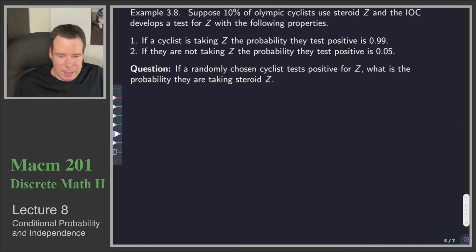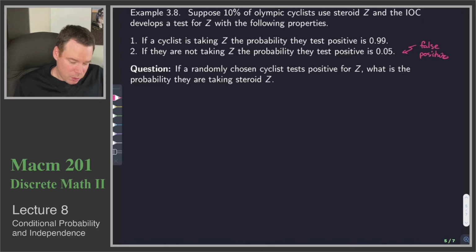If a cyclist is taking Z, the probability they test positive is 0.99 or 99%. If they are not taking the steroid, the probability they test positive is 0.05 or 5%. So this is known as a false positive. So it has a 5% false positive rating.